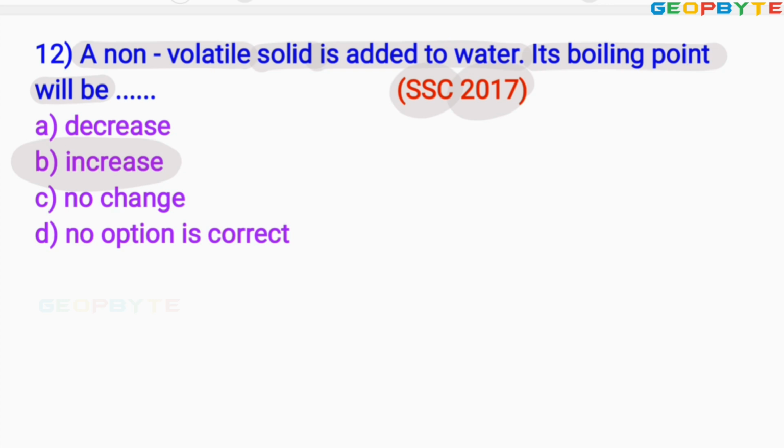Remember my dear friends, if I add the salt to the water, boiling point of the water increases. So the question is given, a non-volatile solid is added to water. If a non-volatile solid is added to water, definitely boiling point of the water increases. Therefore option B is absolutely correct.